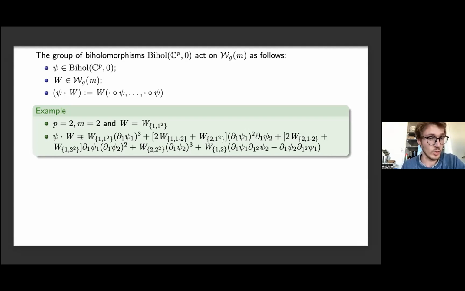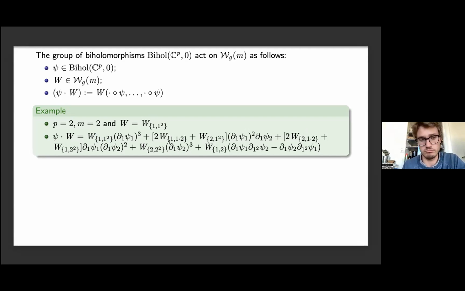And so here, what we find is that by letting the group of biholomorphisms act on it, we recover the three pure geometric generalized Wronskians, and we find two other ones here. So basically, in this example, it's easy to show that the vector space of geometric generalized Wronskians is of dimension 5, and here we have the basis.